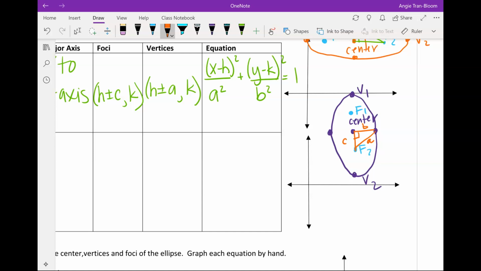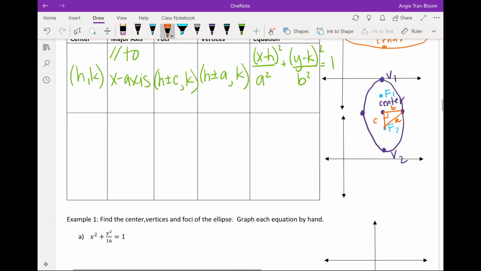All right, center is back to h comma k. Okay. x minus h quantity squared over something plus y minus k quantity squared over something equal to 1. Okay, always equal to 1. Where do you think the a squared is going to go? Under the y. Yep. That means you're left with b squared here.